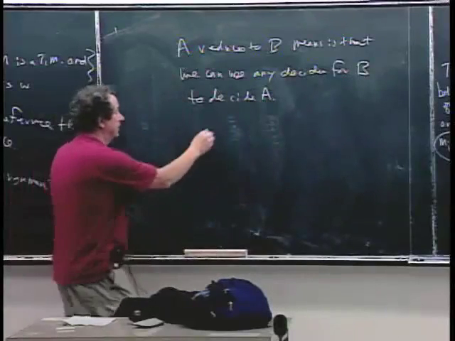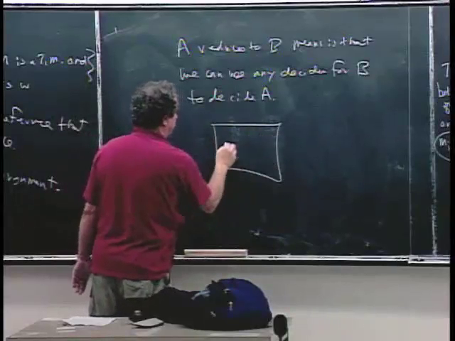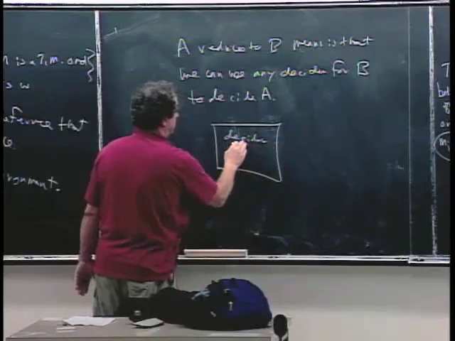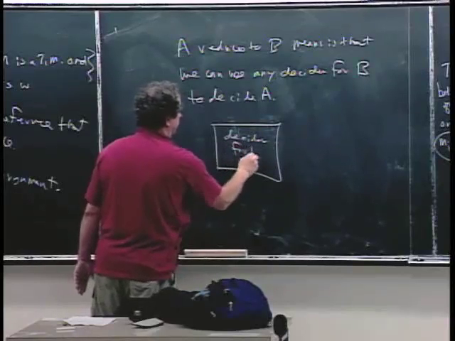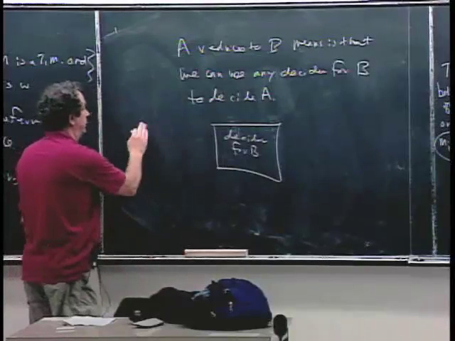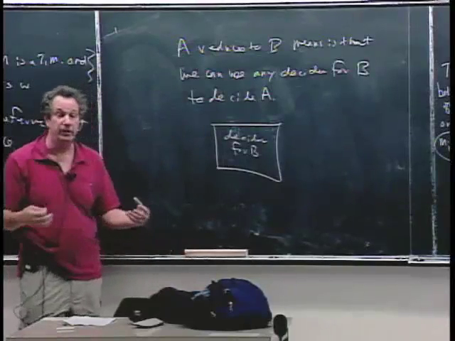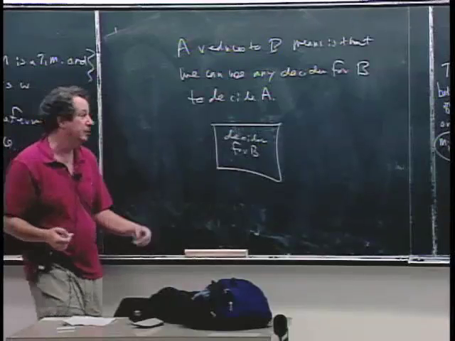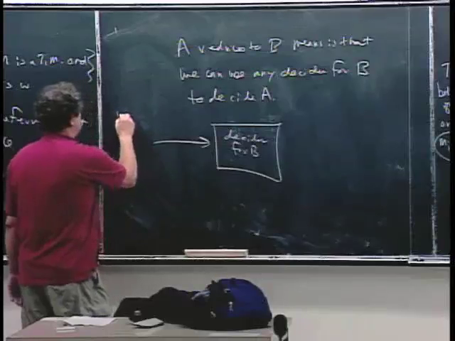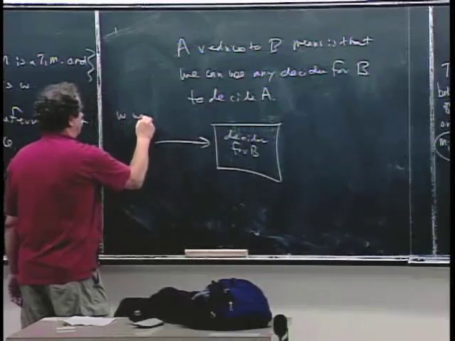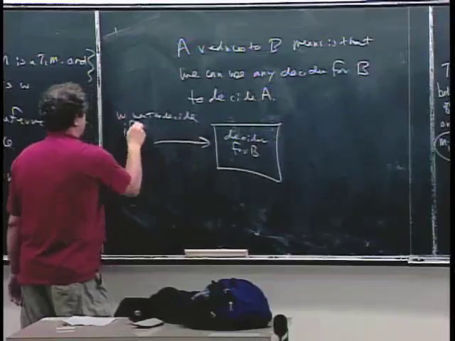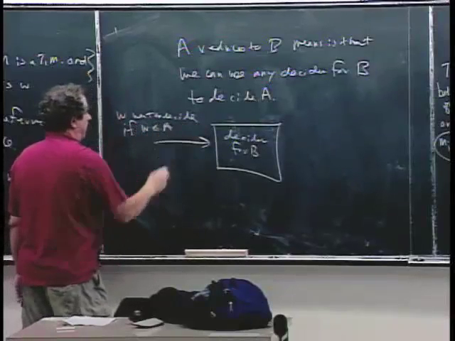So on the assumption that you have a decider or a recognizer, but let's just say decider right now, decider for B, whenever you have an instance of language A, you have a string and you want to know, is it in language A, you can do something. So you have a string W and you want to decide if W is contained in A.